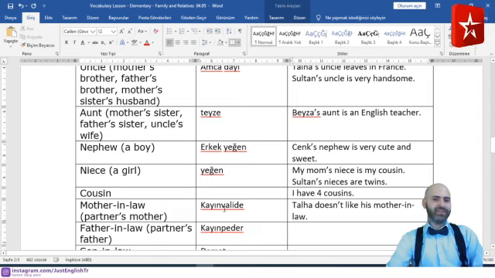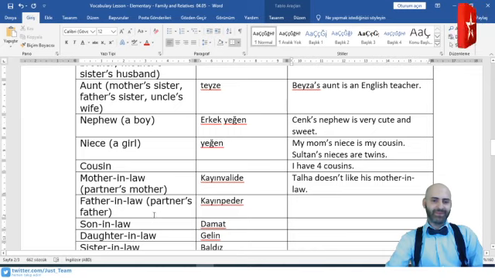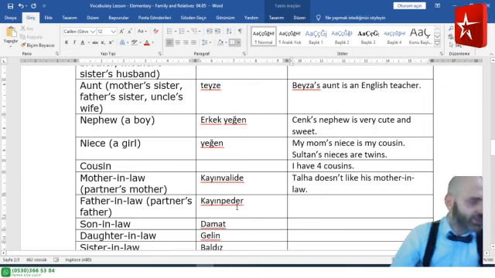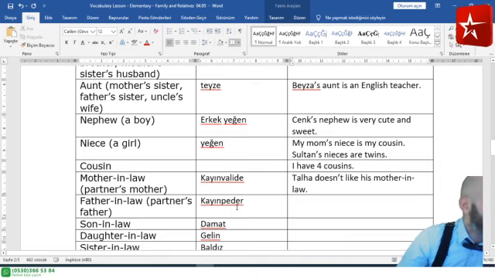Guys, can you give me an example for father-in-law? Sorry, I need to look close to read the name.